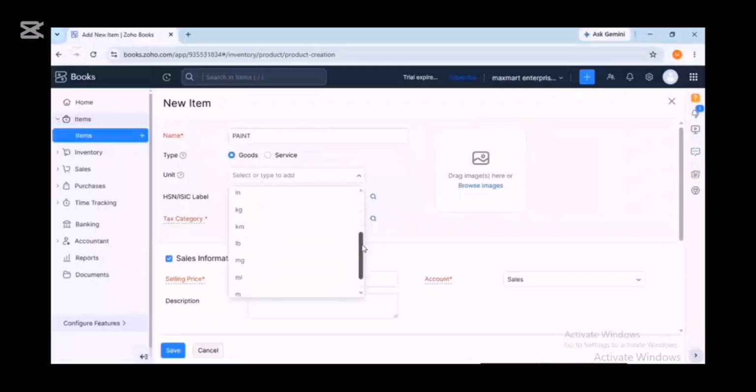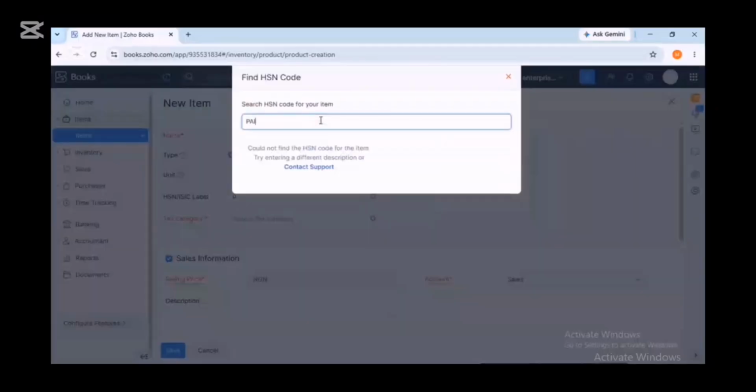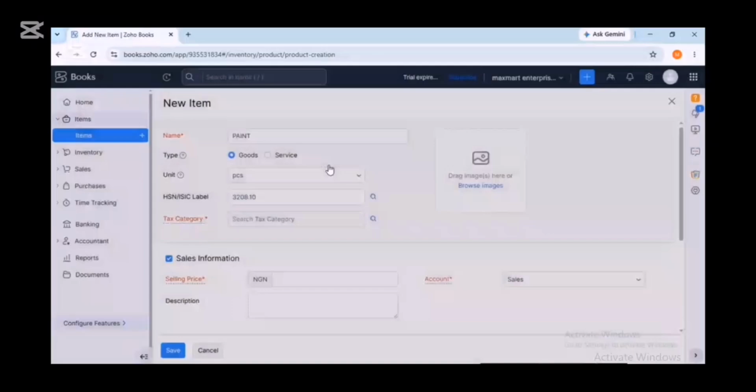So let's select the unit as pieces. Right, so the next, select the category for the sake of VAT. So paint, let's move to the next. Okay.